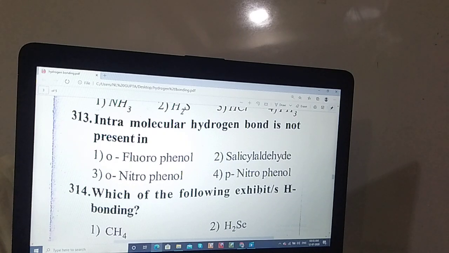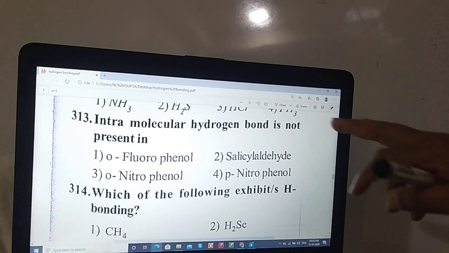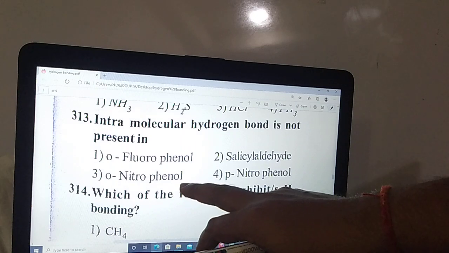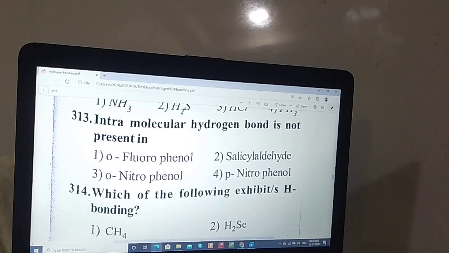Intramolecular means in the same molecule, and they are asking where it is not present. Orthonitrophenol and salicylaldehyde are confirmed to have intramolecular hydrogen bonding. Now we have to check orthofluorophenol and paranitrophenol.